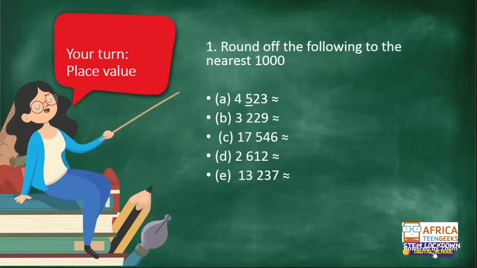It is not 2,700. We are not rounding off to the nearest 100. Remember, we are rounding off to the nearest 1,000. So we are looking at 600, and then we are rounding it up. So our correct answer will be 3,000.